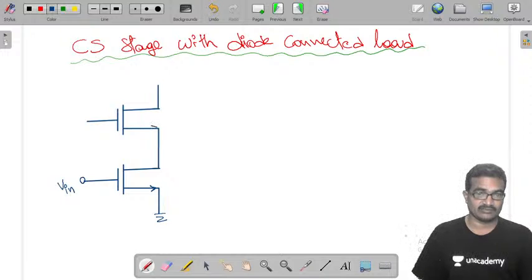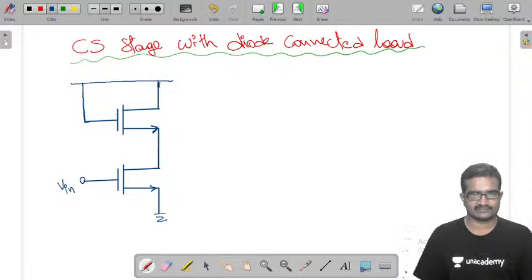Sorry, it is also NMOS, and it is connected to supply. This is called a diode connected MOS transistor.